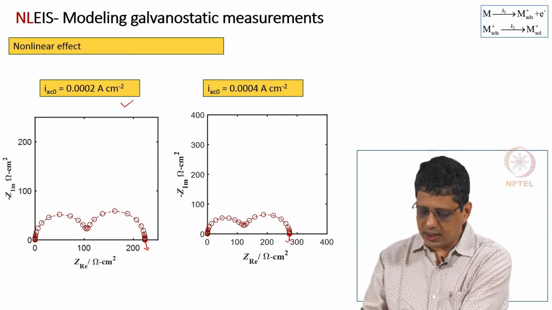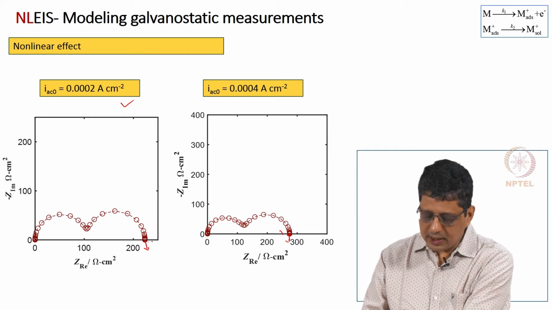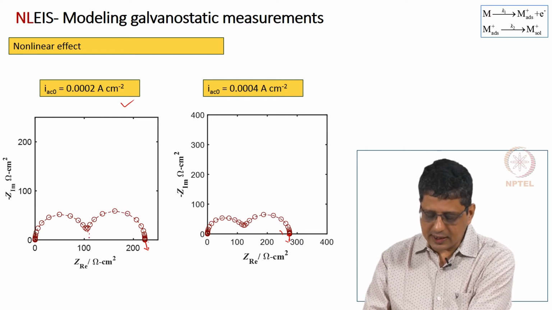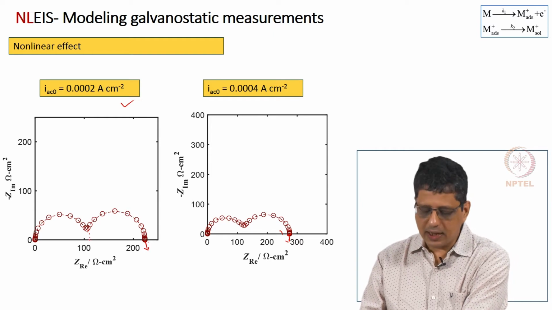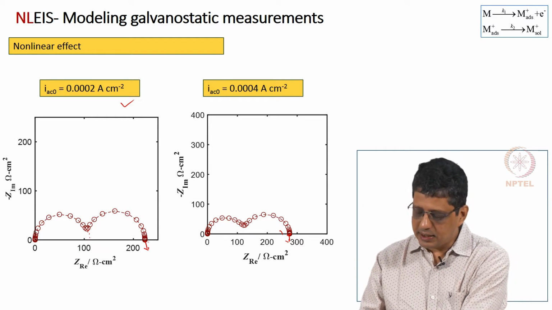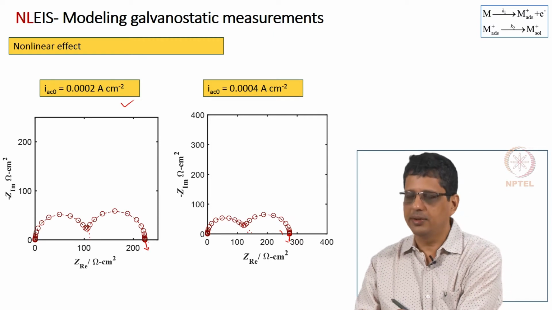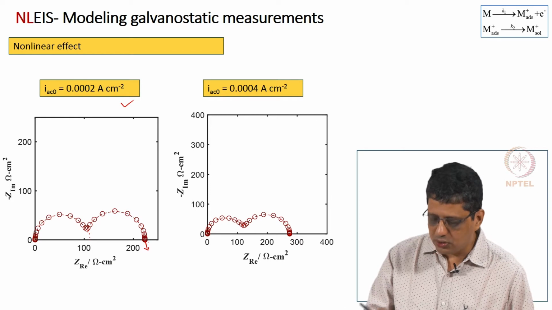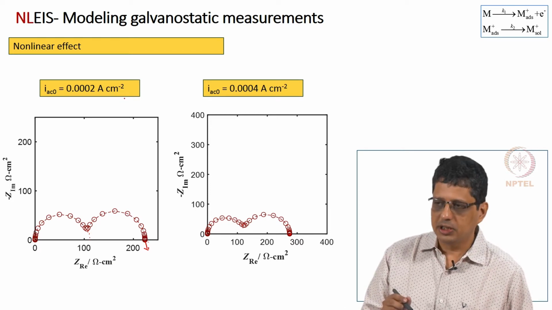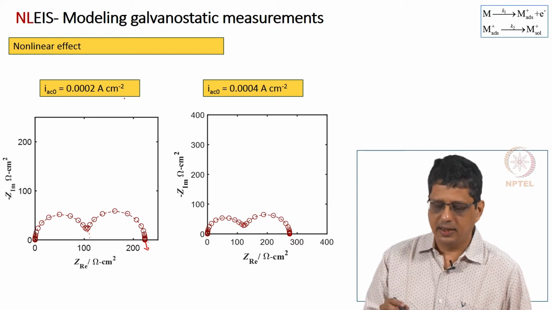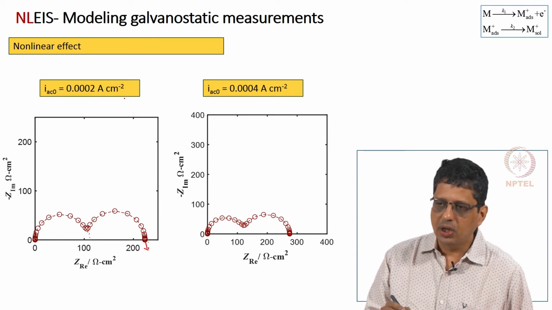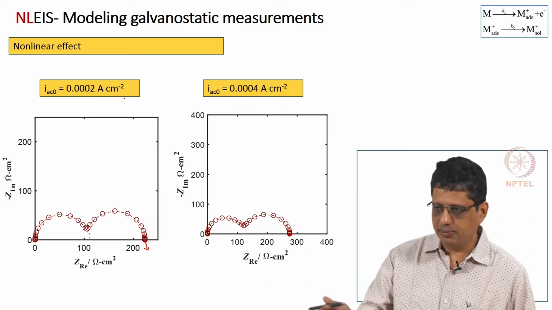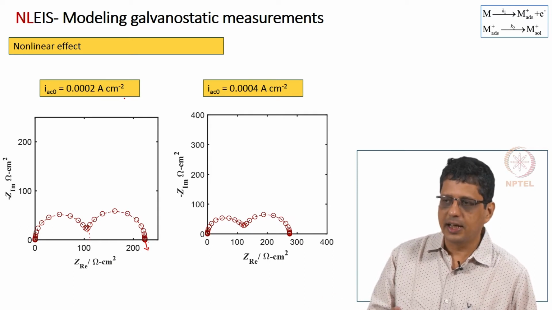So, this is close to 300, more than 250, this is probably less than 250, and likewise the charge transfer resistance is a little more than 100 ohm centimeter square here, and this is probably a little higher value here. You can see that there is a difference. So, nonlinear effects do come in. Of course, it is possible for us to simulate and calculate what one would get under galvanostatic AS measurements for this particular reaction and set of kinetic parameter values.